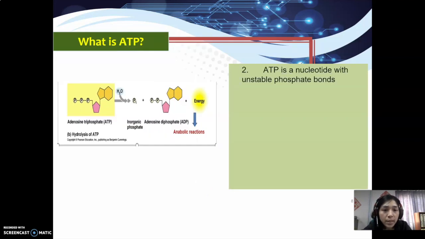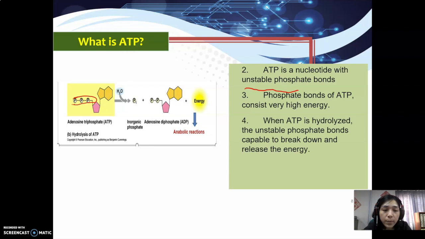ATP is a nucleotide with unstable phosphate bonds. They can be broken down anytime. The phosphate bonds of ATP contain very high energy. When ATP is hydrolyzed, the unstable phosphate bonds break down and release the energy.